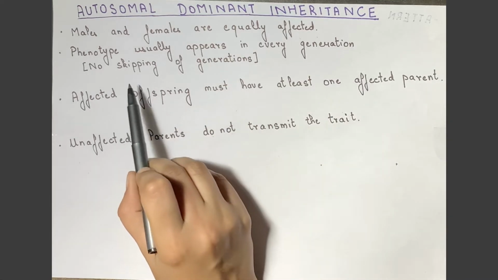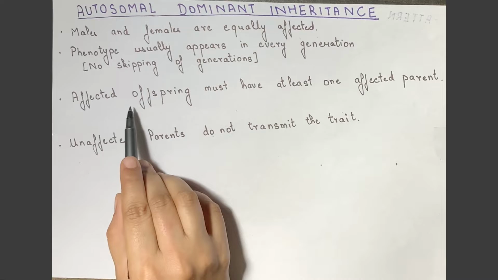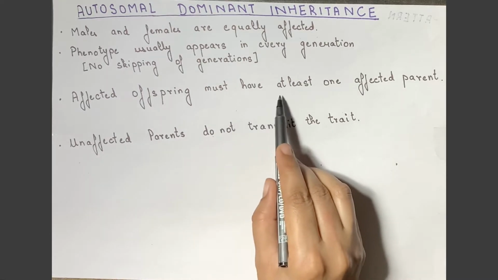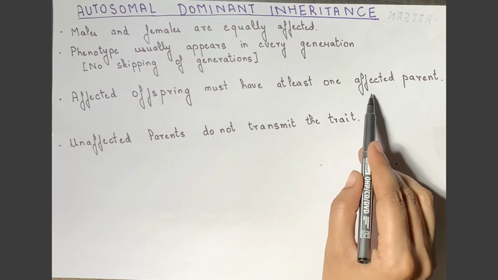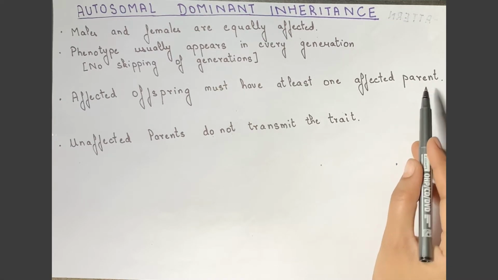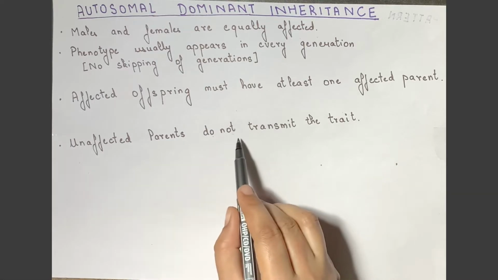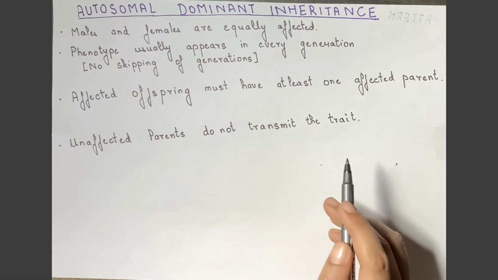There is no skipping of generations. An affected offspring must have at least one affected parent. It can be either the mother or the father. Unaffected parents do not transmit the trait.